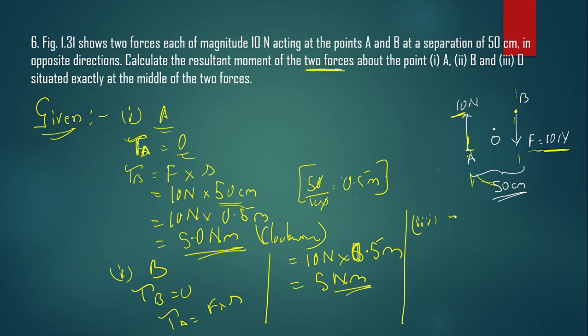So third, torque at point O. So torque at O will be either force, that is 10 Newton, any one force, into distance between those two forces. That is again 50 centimeter. That will give you 0.5 meter. It will be again 5 Newton meter.